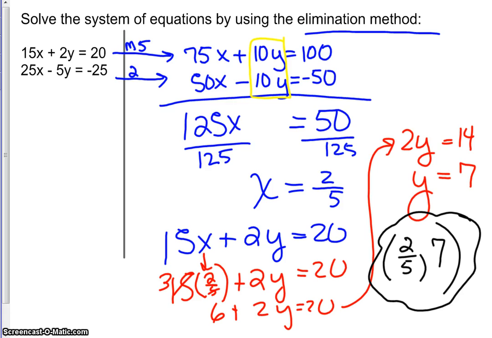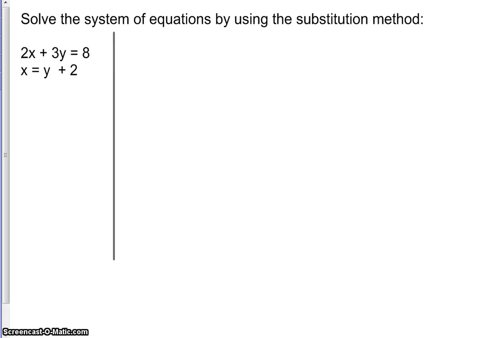Let's now look at what it looks like for the substitution method. In the substitution method, we usually have the situation where they tell us, like in this case, that x can be replaced with y plus 2. It's a little bit like composition.